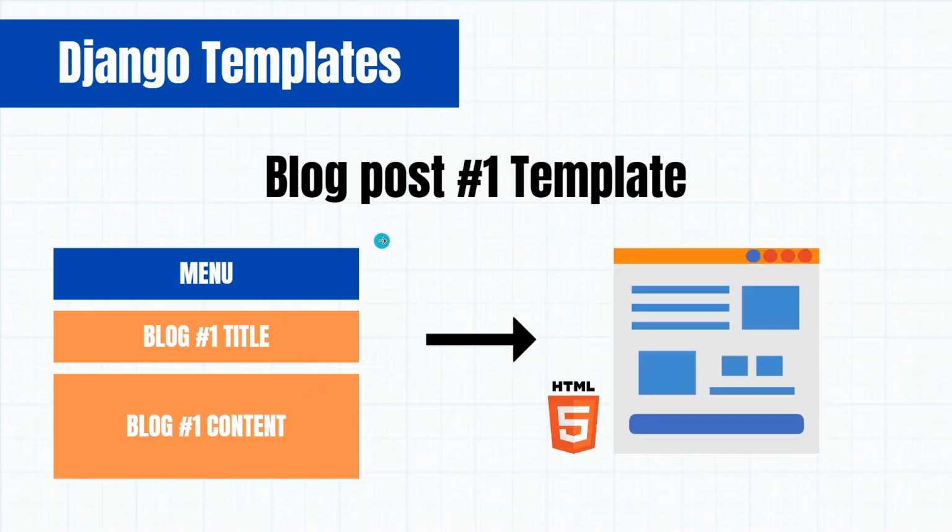And Django is able to translate this into a pure HTML file that has the menu, the specific blog title, so blog number 1 title in this case, and then the content, the blog number 1 content. But this could be applied to any blog post. This could be blog number 2 title or blog number 100 title. And this is only one file.